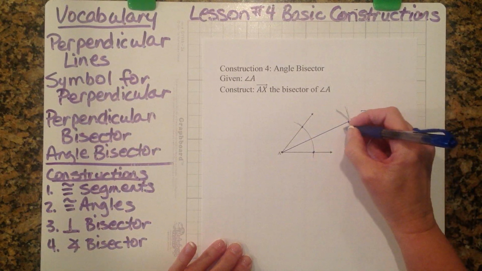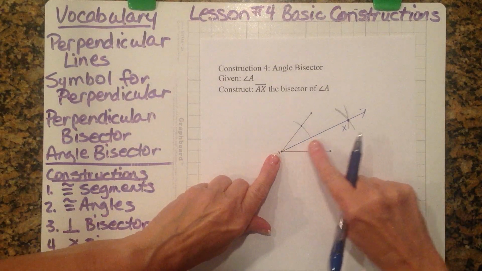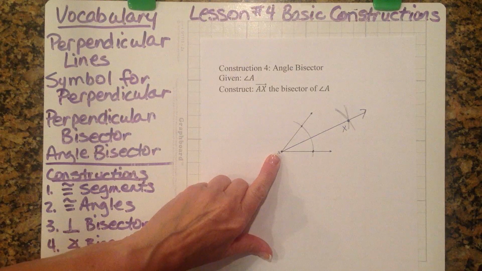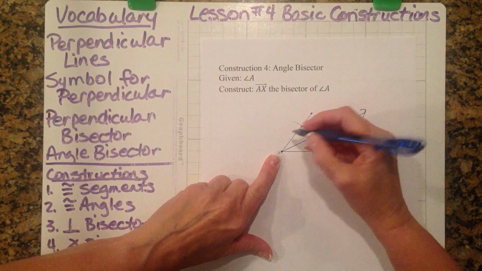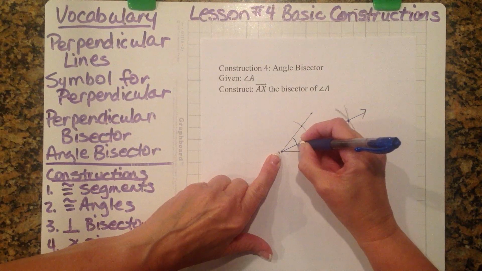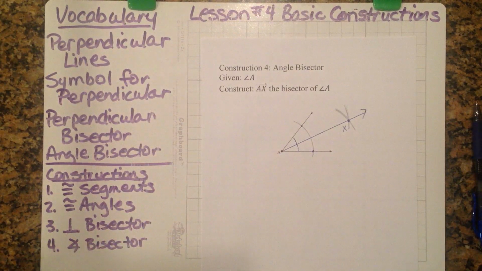And I'm going to name that X right there. Okay, so what I did is I drew a ray right there, and I got X. So what we just now did was this angle right here is the same measure as that angle right there. They're the same measure. And that is our lesson for today. I'm Mrs. Neill, and thank you for listening.